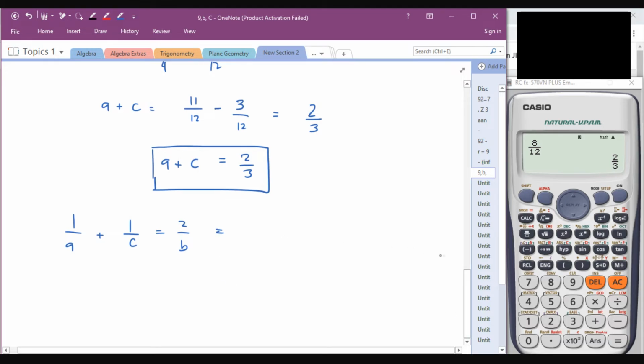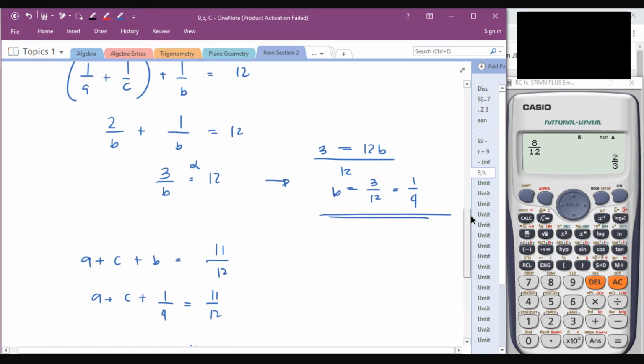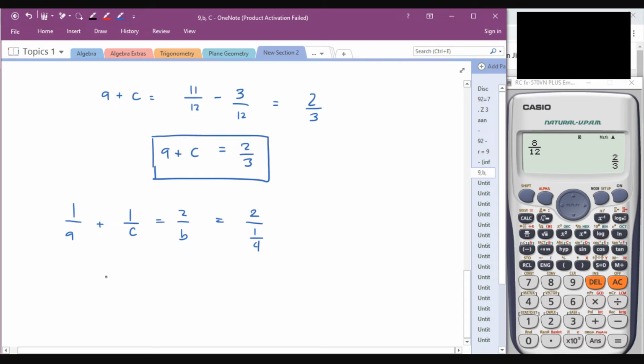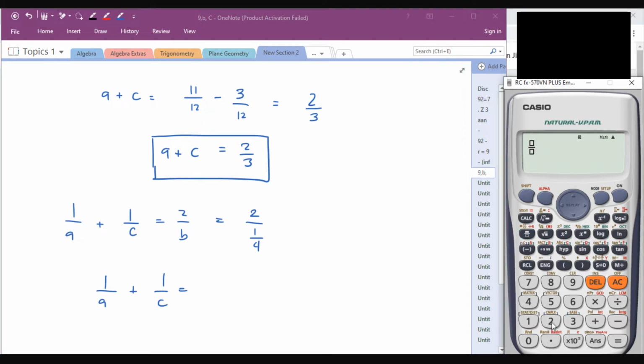Ano ba yung value ni B? Ayun, no? 1 over 4. So, that is 2 over 1 over 4, or 3 over 12. O, sige. 1 over A plus 1 over C equal to, cross multiply natin, 2 divided by 0.25. That is, I think, 8. Okay, naging 8.